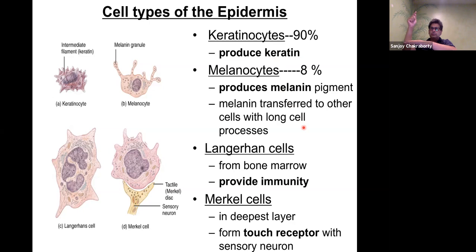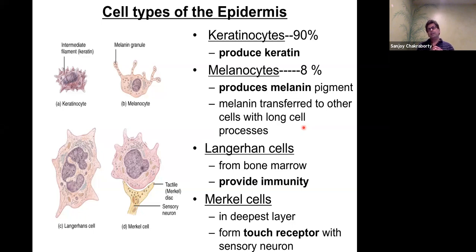The easiest to understand is ultraviolet radiation from the sun. When the sun rays hit your body, the UV radiation can penetrate some cells and mutate the DNA, and many mutations can cause cancer. So the body needs to protect them. That's why they produce melanin.